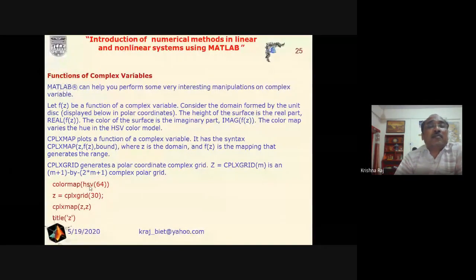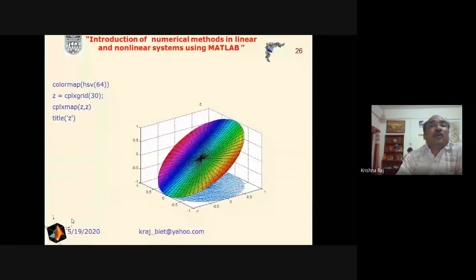In the colormap we have to use the HSV model. So we write colormap hsv with the value 64, complexgrid for the gridding purpose, and here complexmap of z and z plus. Now the title, as we discussed in the previous lecture, may be entered here. The title will be z. These are the commands which will be written in the MATLAB command window, and this is the return of the result.